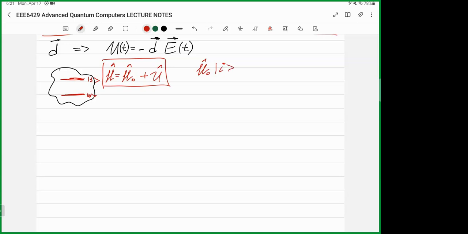Let me write it this way: when my intrinsic Hamiltonian acts on this eigenstate, it gives nothing but the energy of this state, E_i, times the state itself. The state i is just either state 0 or state 1, and the energy E_i, in terms of frequency, is h bar omega_i.